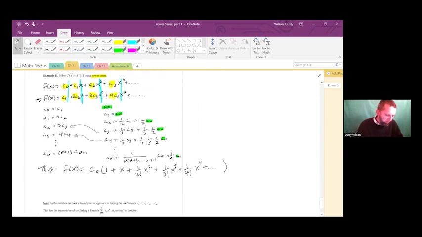Or in other words, this thing is equal to C naught, some constant, times the sum from n equals 0 to infinity of 1 over n factorial times x to the n.